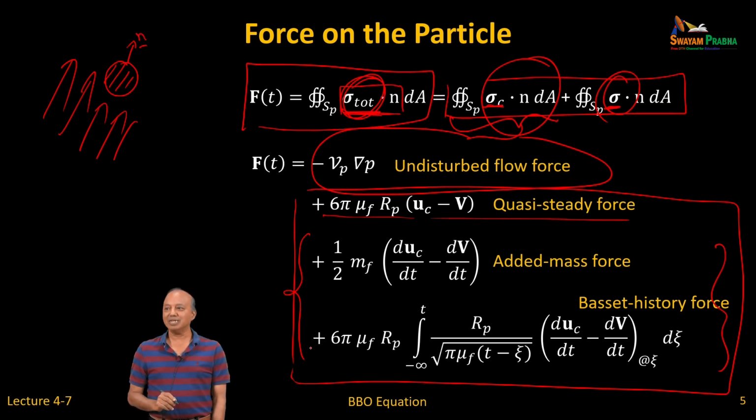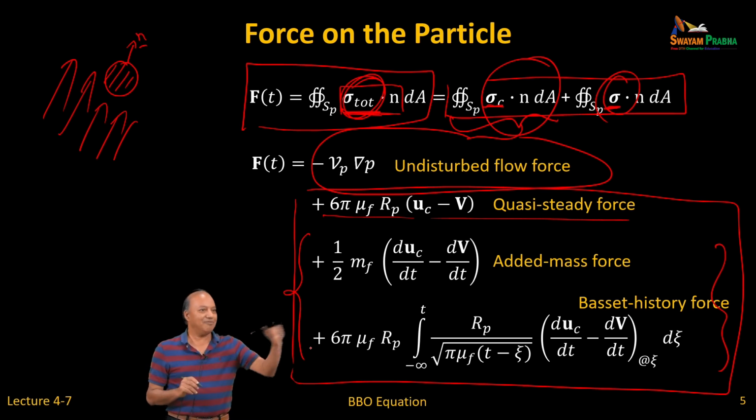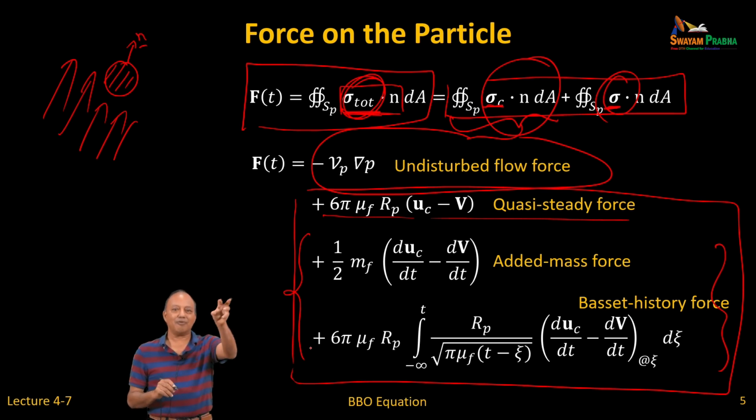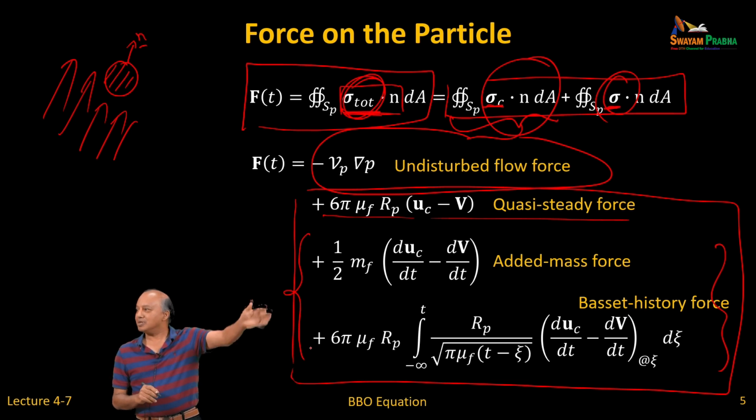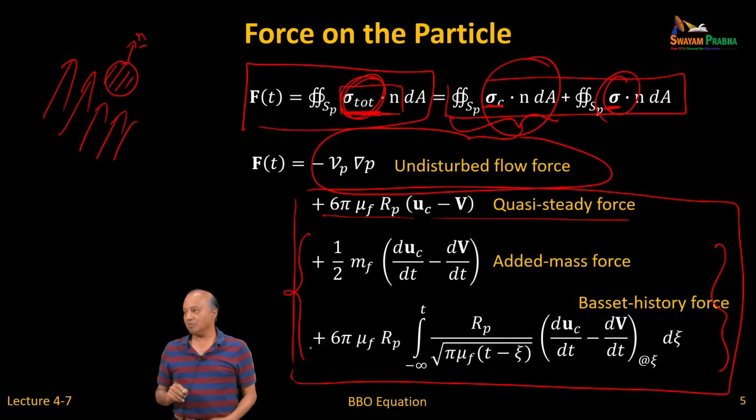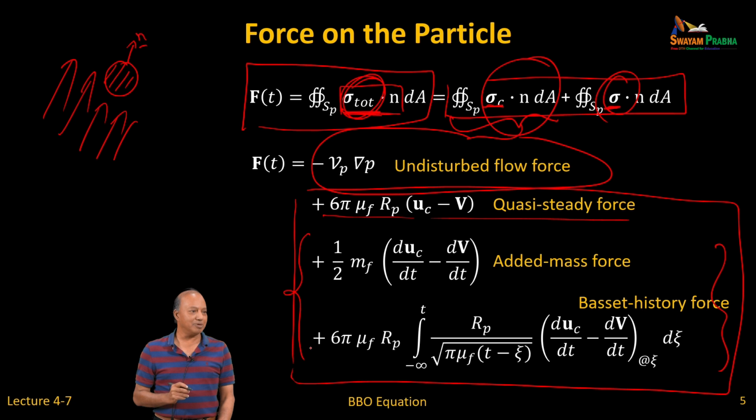If the flow is slowly varying, you don't need these terms because everything is happening so slowly. But if the flow is an oscillatory flow, if you have a particle and let's say it's subjected to waves, well then you will have to worry about these additional terms.